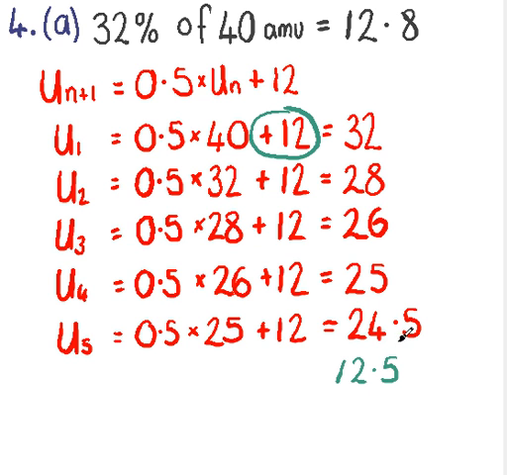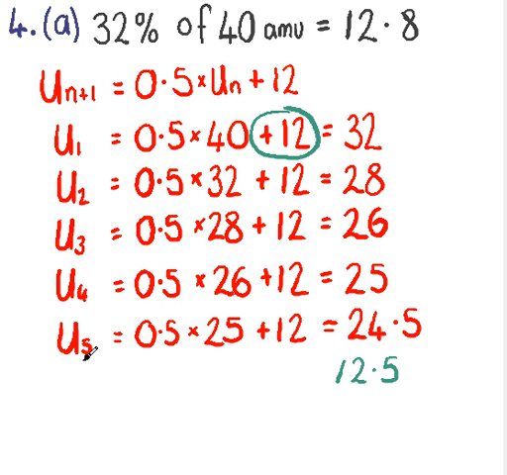But during this period of time, the mass had fallen as low as 12.5. The question was, when does it fall below 12.8? And it's during this 2-hour period, U5.